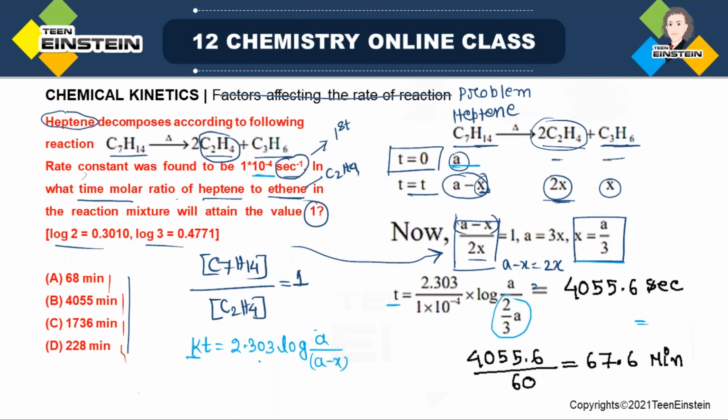K will be in the denominator if you bring it to the right hand side. Now the K value is given in second inverse, so obviously the value of T that you will get will be in seconds. But look at the options, all of these are in minutes. We have to convert seconds to minutes, and for that we divide by 60, and ultimately it will be 67.6 minutes, which is closely matching with option A.